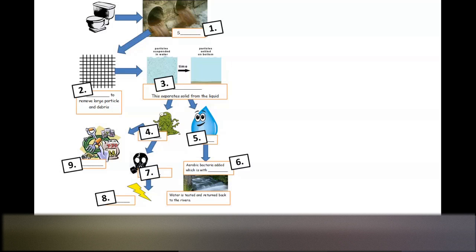Is it clear to see, guys? Okay, it's clear. Right, so what you now need to do is write what each number is describing. So what is step 1, what is 2, 3, all the way to 9? And then we are going to go through that. So don't type it in the comment box.